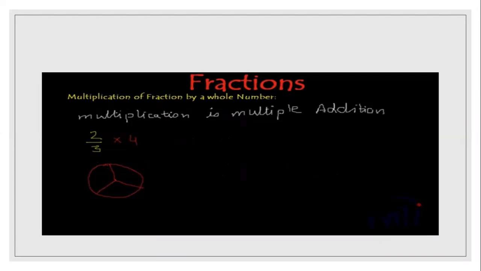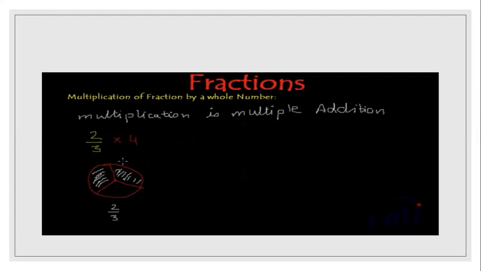And 2 by 3 means we have to take 2 parts out of these 3 parts. So this was the first part and this is the second part, right? Yes, and this is called 2 by 3. So this is the pictorial representation of 2 by 3.